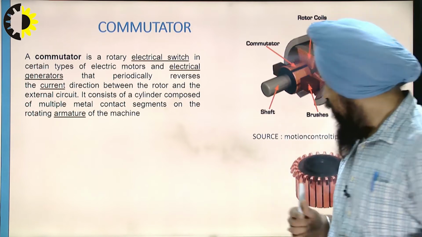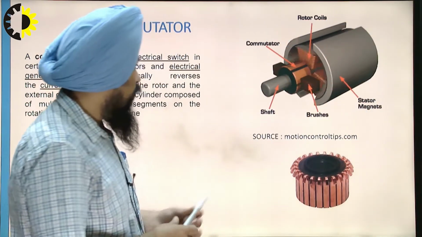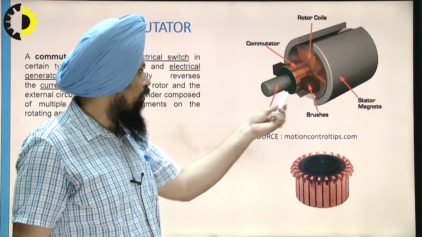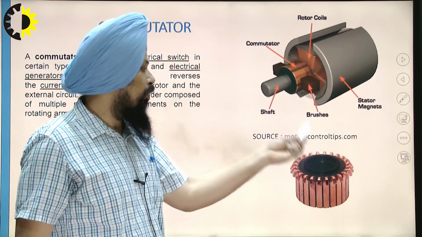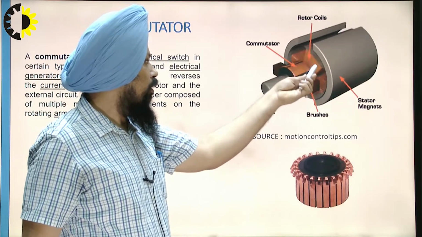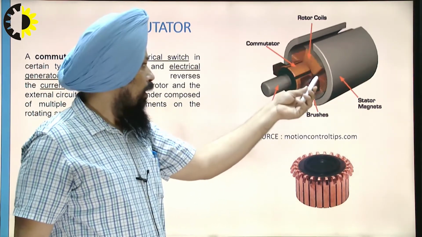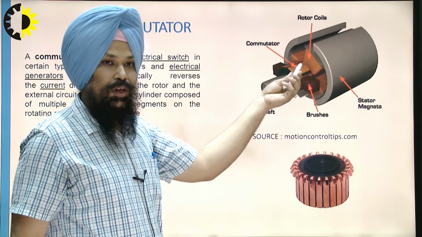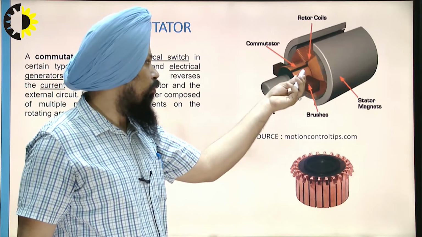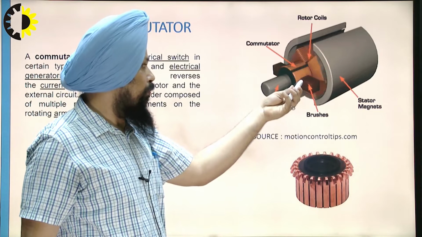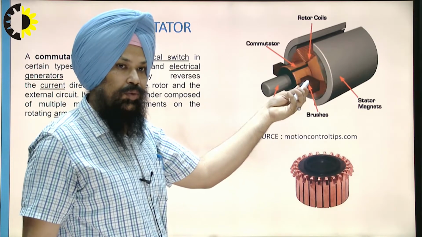You can see in this diagram the carbon brushes, and over here the shaft is there and it is rotating. I have taken the reference from this particular source. Then these are the armature windings, and those armature windings are connected to the commutator segments. Each winding is connected to a particular commutator segment, and those commutator segments are connected to the external circuit with the help of carbon brushes.